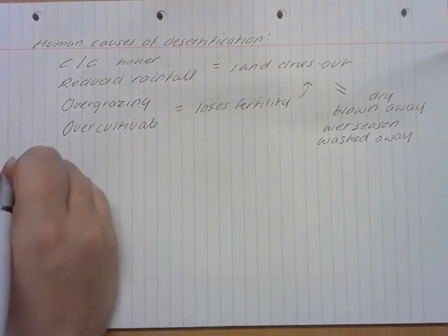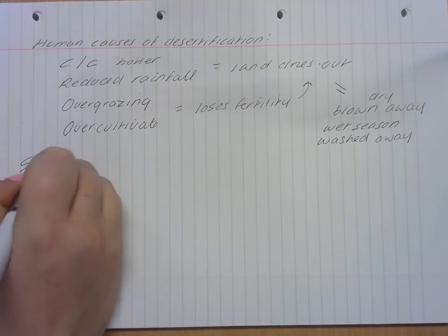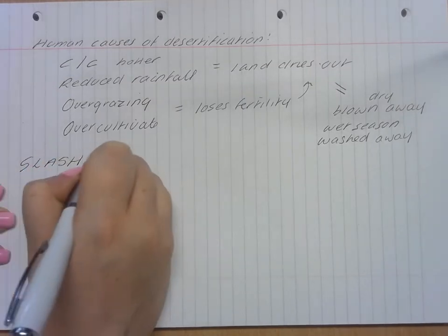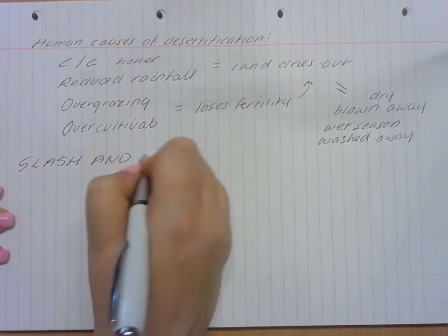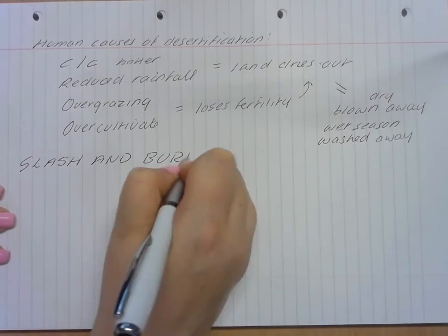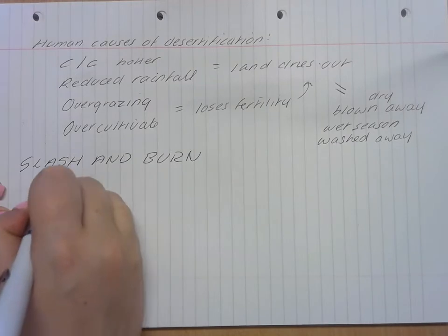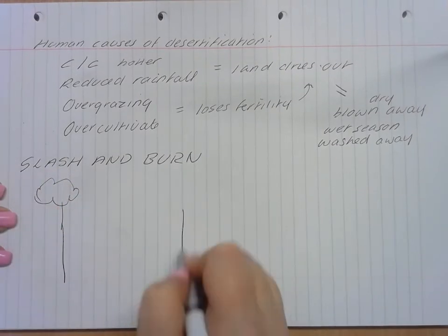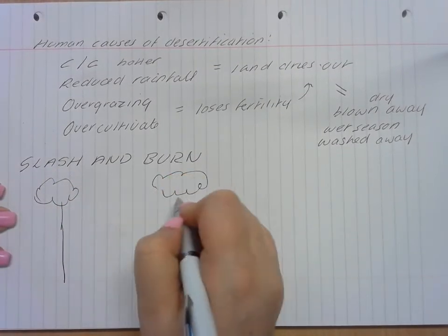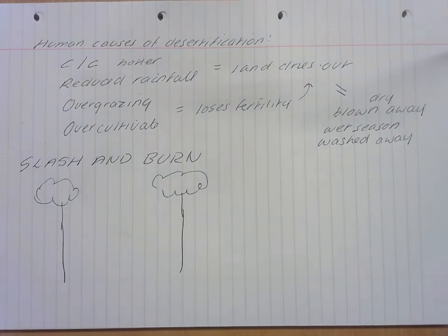Okay, so another big reason is slash and burn. In this respect, there's not loads of trees in the savannah grassland, but the trees that there are play an important role with the soil.